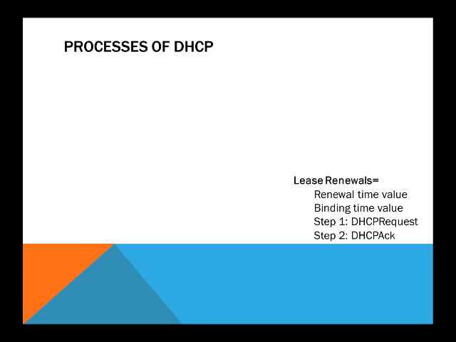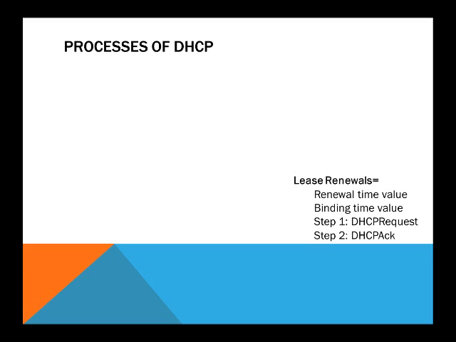Lease renewals. We're going to talk about renewal time value and binding time value. The renewal time value is when a client's lease is halfway expired, it sends a request to renew the lease to the DHCP server. The binding time value is that after 87.5% lease time, or if 7/8 of lease time is expired, the client tries again to renew its lease.